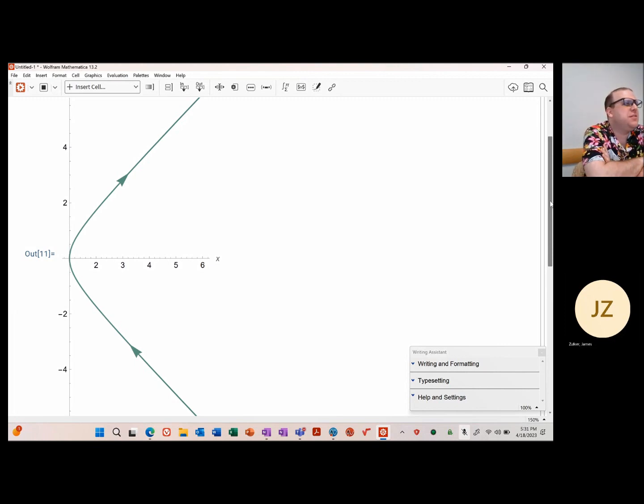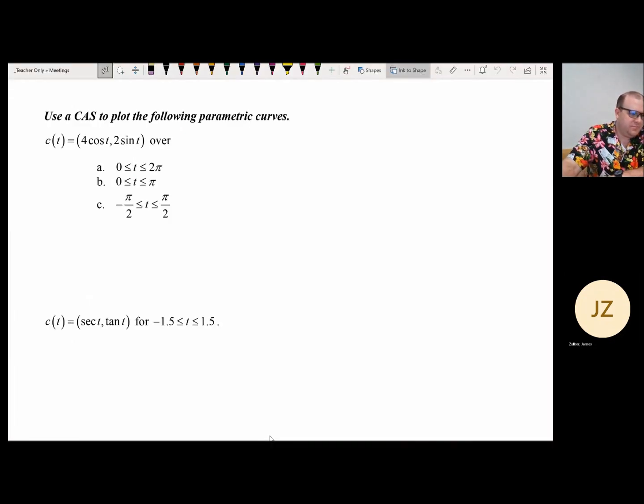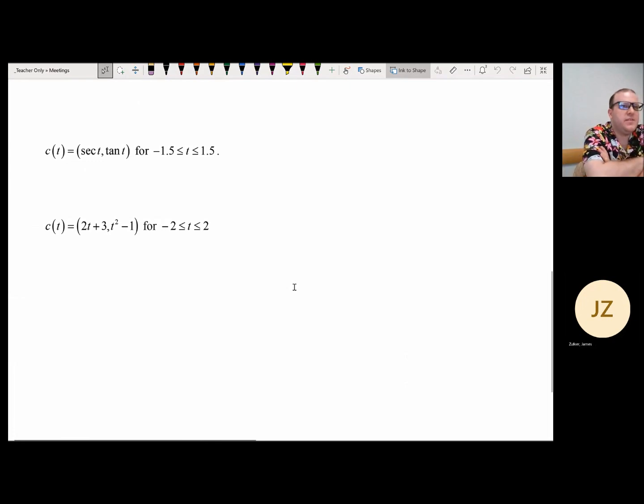Now that curve is boring. See if this one's more interesting. Doesn't look like it. 2t plus 3, t squared minus 1.